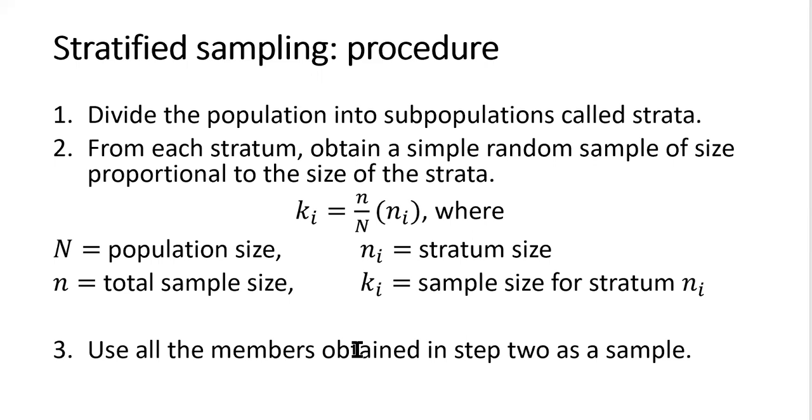If we think about college students, we could think about freshmen as a separate group, and then seniors as the next group, and so forth. So we divide the population into subpopulations called strata.